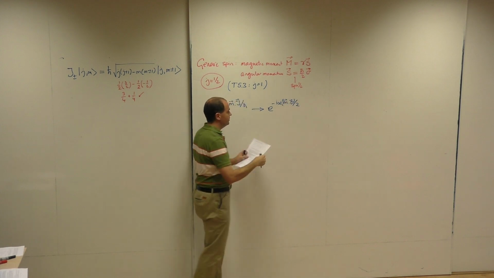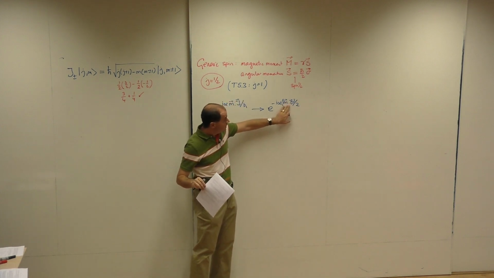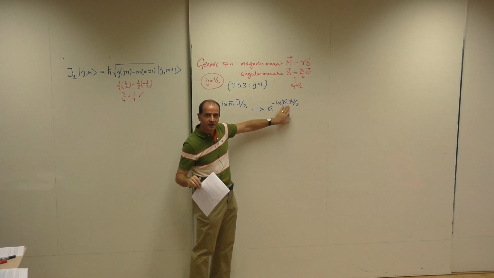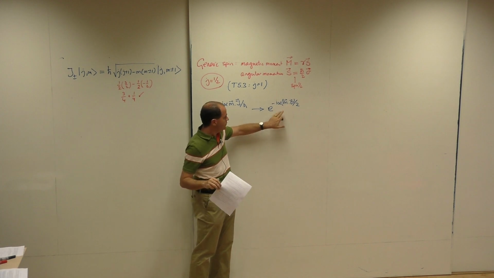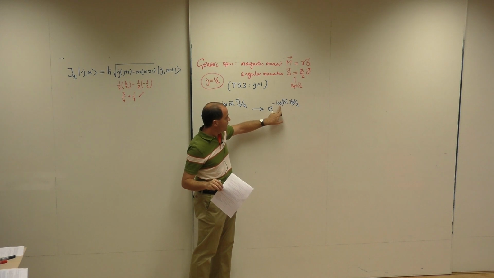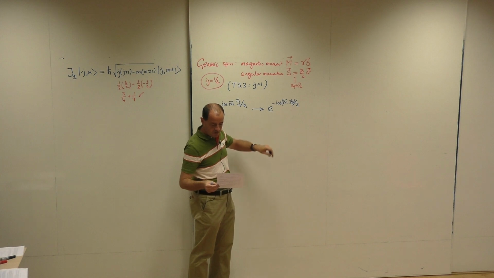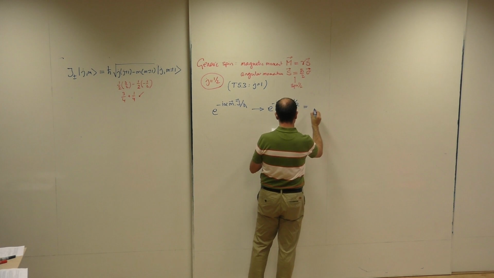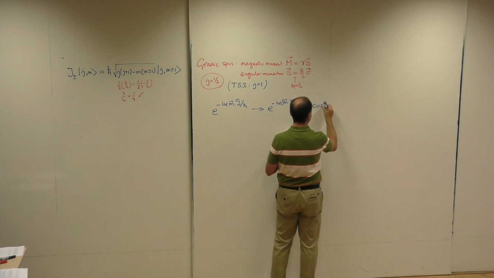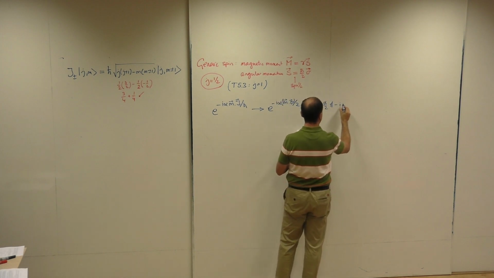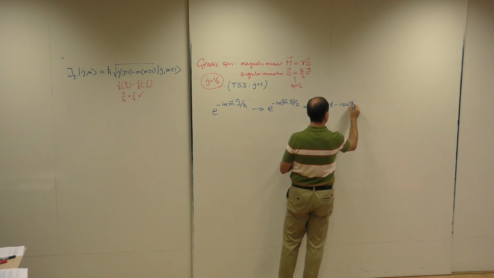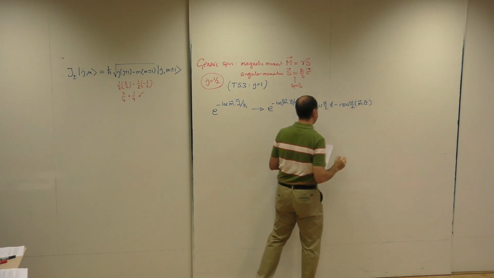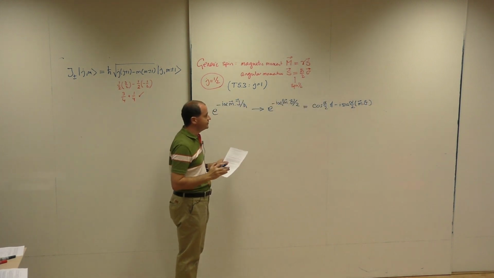Here you see it appears one of these m dot sigma operators that we practiced in chapter 3. And this is a rotation by angle alpha around the axis m. If you open it up, I think this is done in a tutorial, you get that this is equal to a compact formula: cos of alpha over 2 times the identity, minus i sin of alpha over 2 times m dot sigma. That's the matrix that it is.